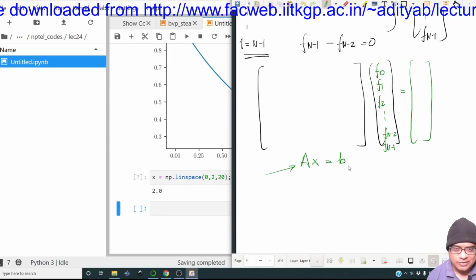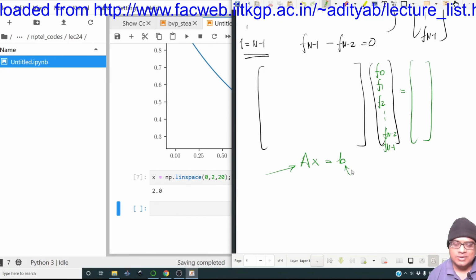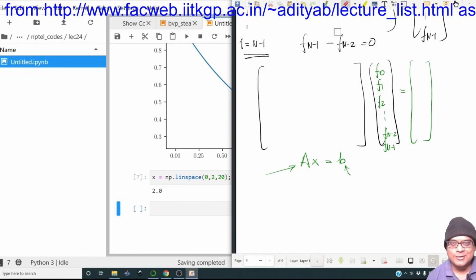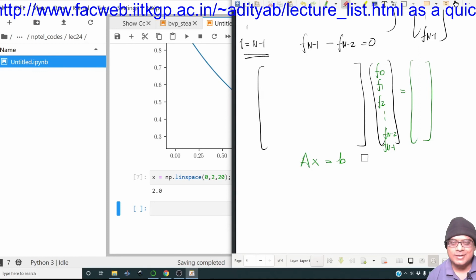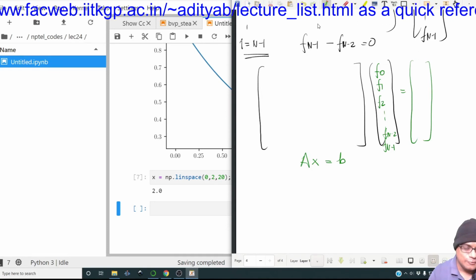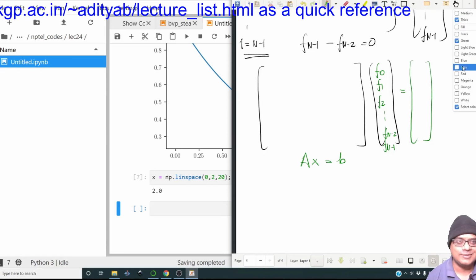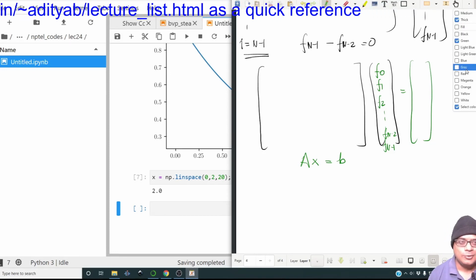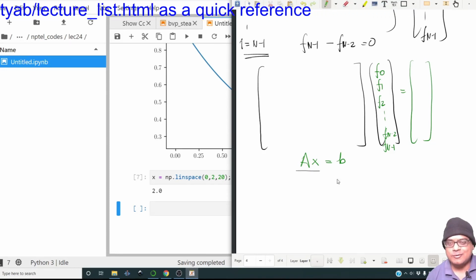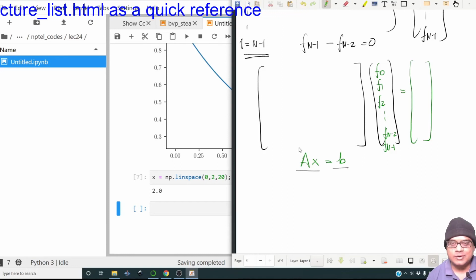B is the right hand side. Okay, let's not allude to that nomenclature now. So we simply obtain this set of equations Ax equal to b. I've forgotten most of structural mechanics, but yeah, you do get an equation of this particular form there as well. All right, so this is a matrix, this is a vector, this is a vector.